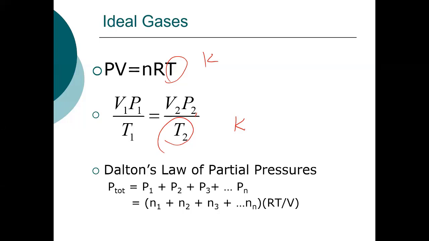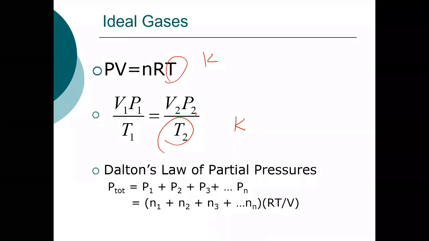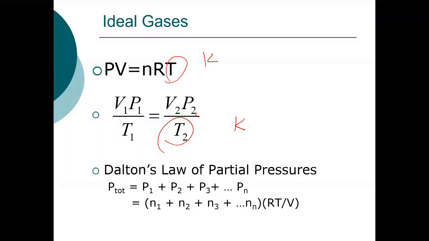The other law that we will use is Dalton's law of partial pressures, and that just simply says that the partial pressure of each of the gases summed equals the total pressure. So for example, the room that I'm sitting in has what major gases?